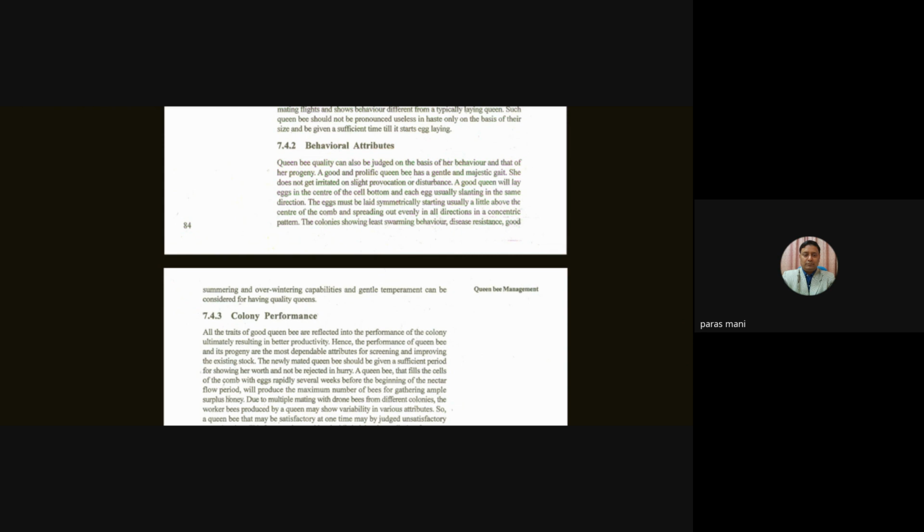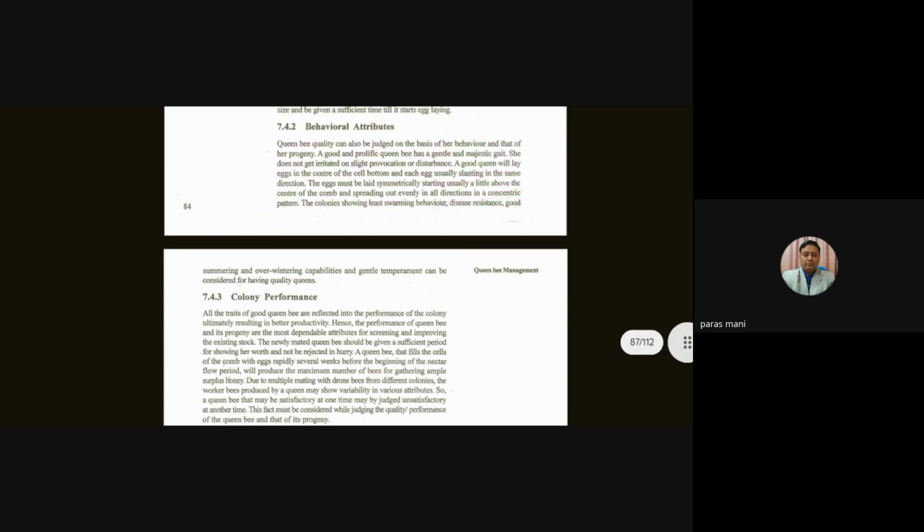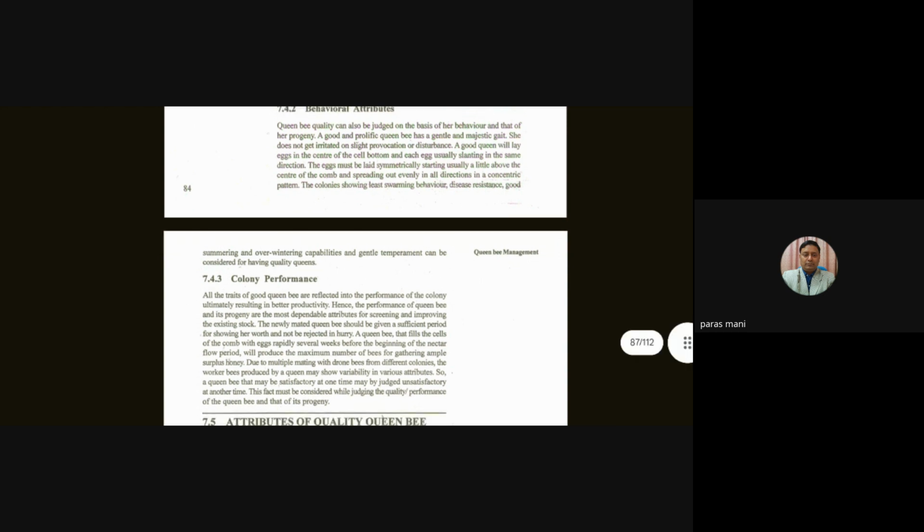A good queen will lay eggs in the center of the cell bottom, and each egg usually slants in the same direction. Only one egg per cell. The egg must be laid symmetrically, starting usually a little above the center of the comb and spreading out evenly in all directions in a concentric pattern.